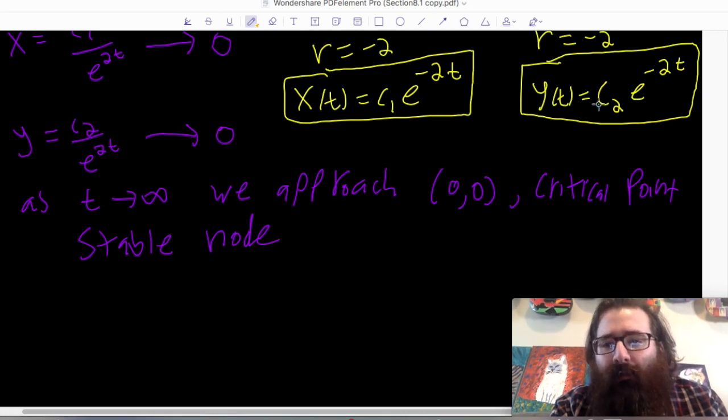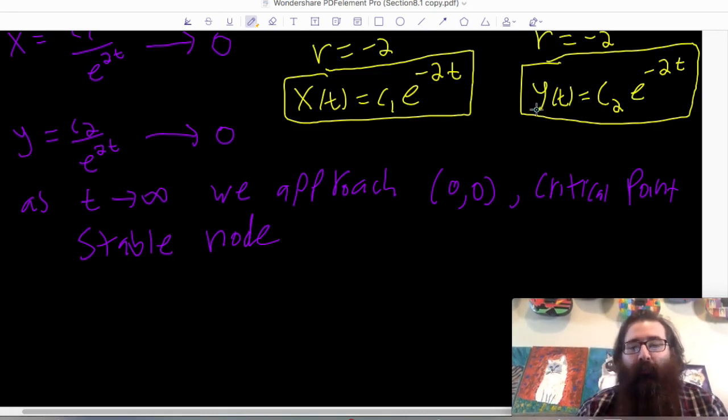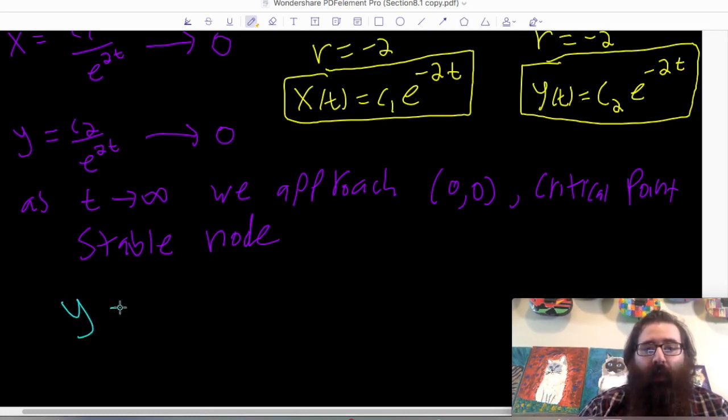If I go here to y, since x and y are practically the same, I can develop a relationship between these two. So here we'd say y is equal to, and what I can do is multiply this by c sub 1 over c sub 1. So I would take c sub 2, multiply by c sub 1, divide by c sub 1, times e to the negative 2t.